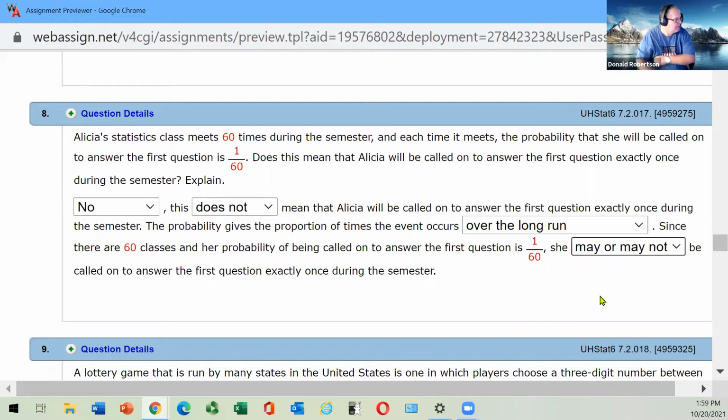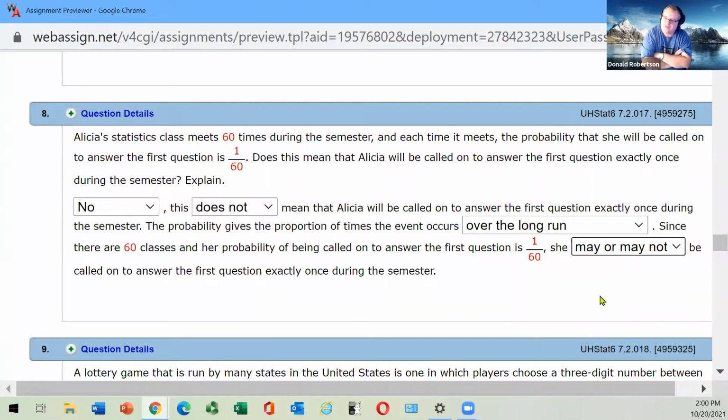She may or may not be asked the first question. Right? In fact, theoretically, couldn't Alicia be asked in every single one of the days that she turned up? Highly unlikely, but it could happen.